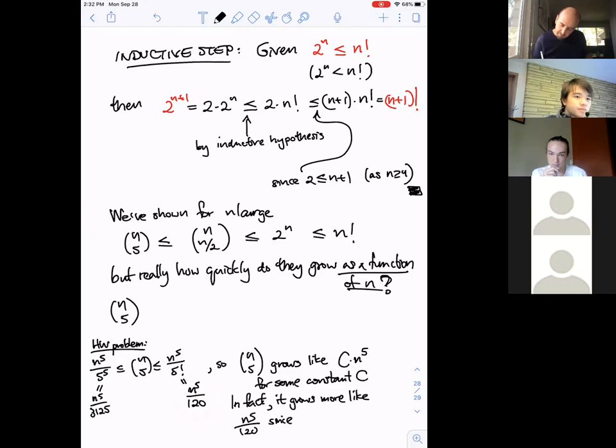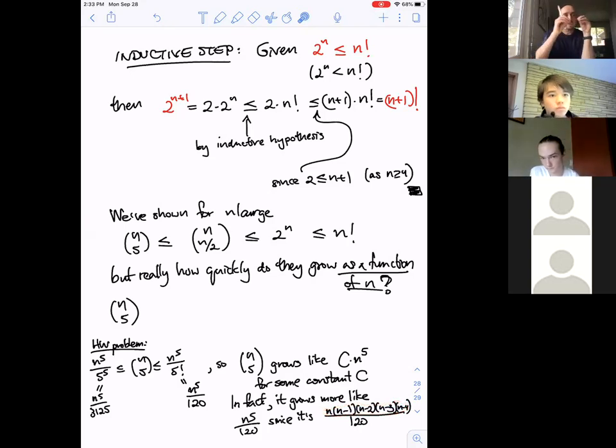Since it's exactly n times n minus 1 times n minus 2 times n minus 3 times n minus 4 divided by 120. That you can check, right? This is some polynomial in n whose leading term is going to be an n to the fifth.